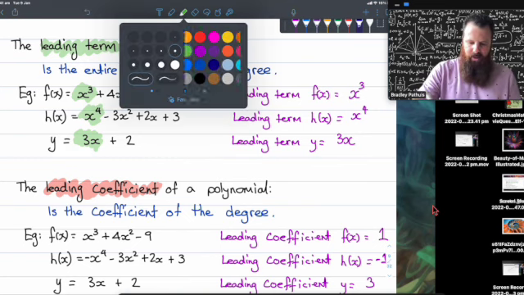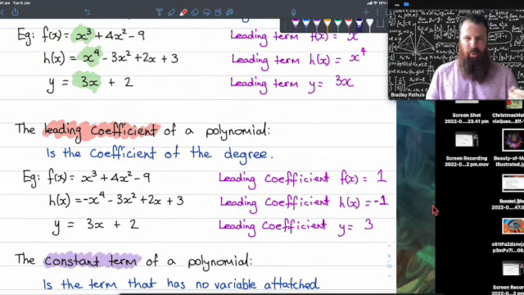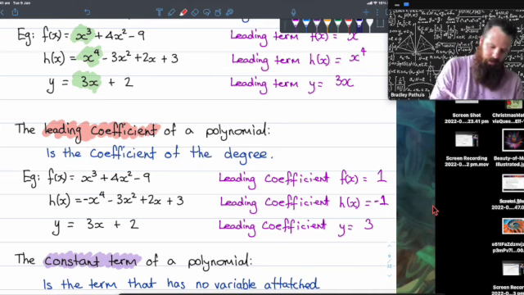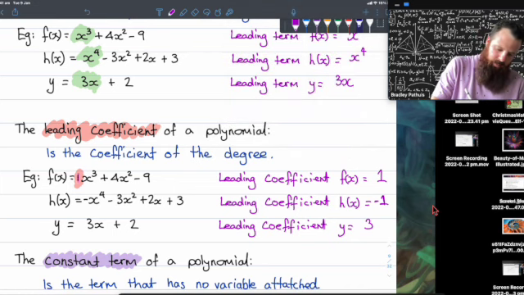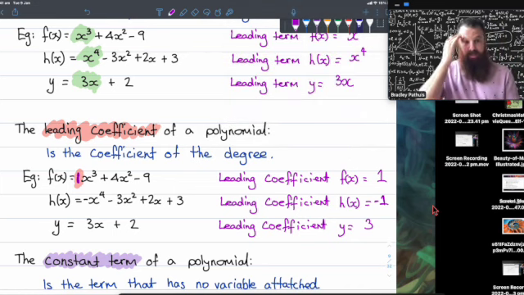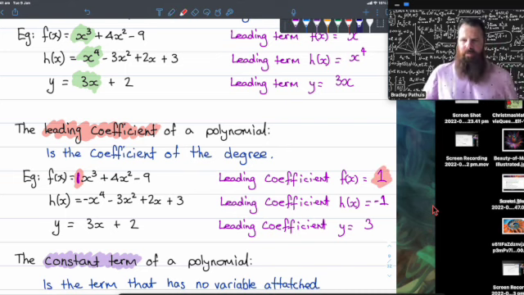The leading coefficient. When we talk about the coefficient, we're just talking about the number that is multiplying that degree. If I look at that first one here, there's nothing outside of that x, but remember that would theoretically be 1 outside the x there, so it has a leading coefficient of 1.